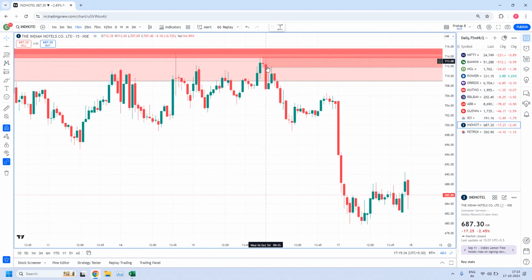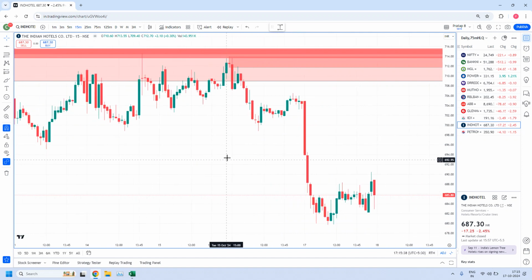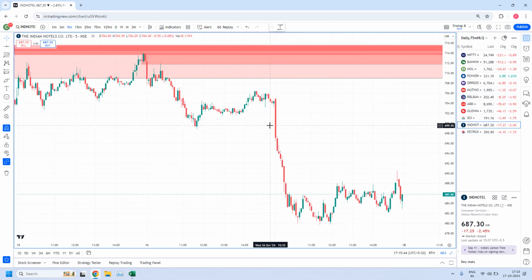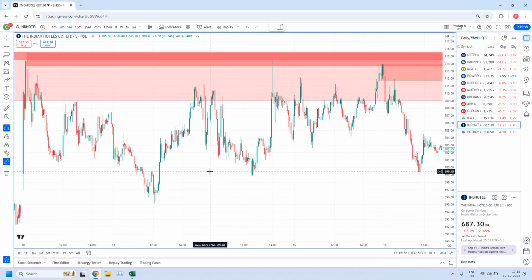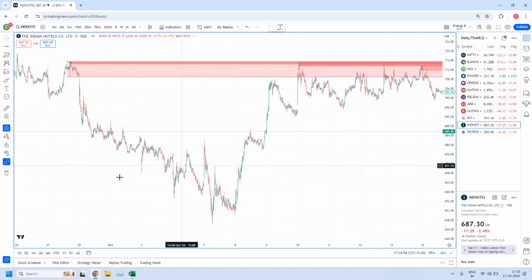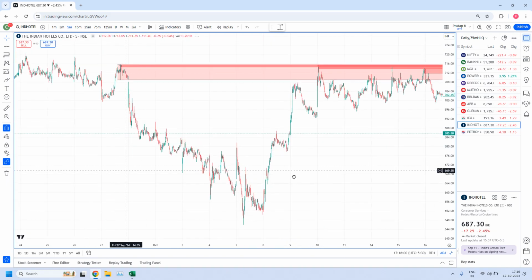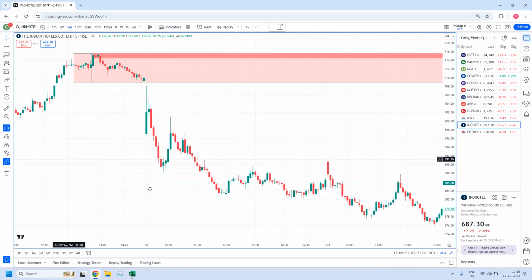Here we have a rally base drop, but for this rally base drop there is no fine-tuned zone. Go to the 5-minute time frame. See, rally, drop, there are no base candles in between, and again a drop. So this is the reason why this is not having any fine-tuned zone, but this zone is having an aggressive trade setup.